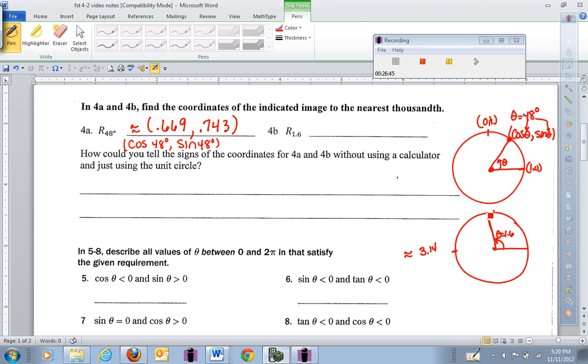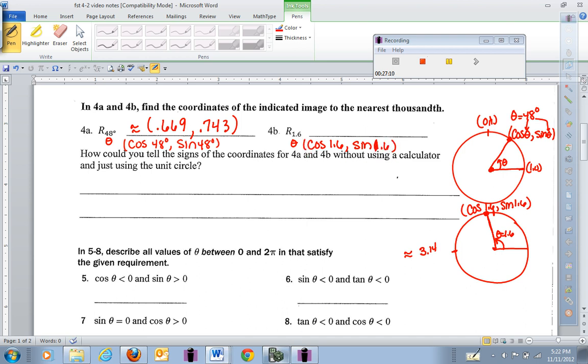Alright? Well, what I know about that is that this is going to be the ordered pair cosine 1.6, sine 1.6. So cosine 1.6, since that's what theta is, this is our theta down here, and then the sine of 1.6.